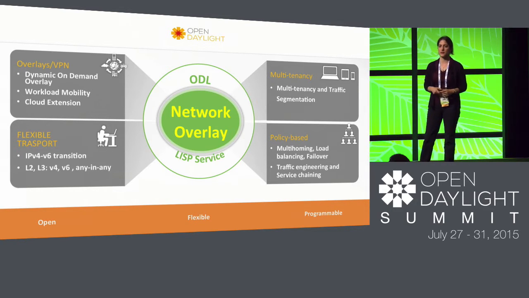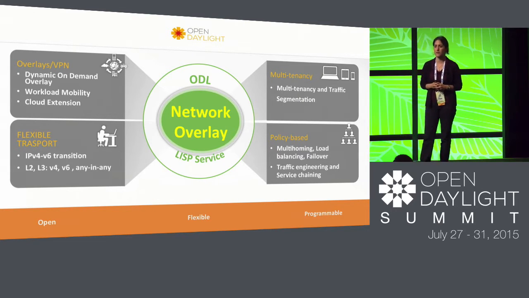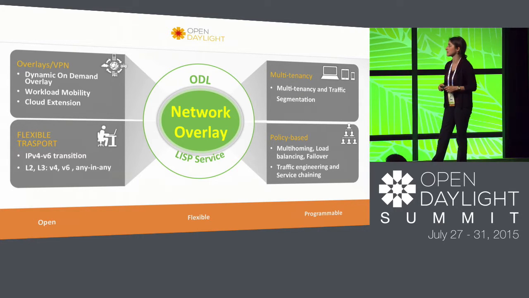In Lisp we have the instance ID, meaning that we can have parallel instances of the mapping system with overlapping address spaces existing concurrently together. And the traffic is marked or tagged with these instance identifiers, so we can identify and segment the traffic.